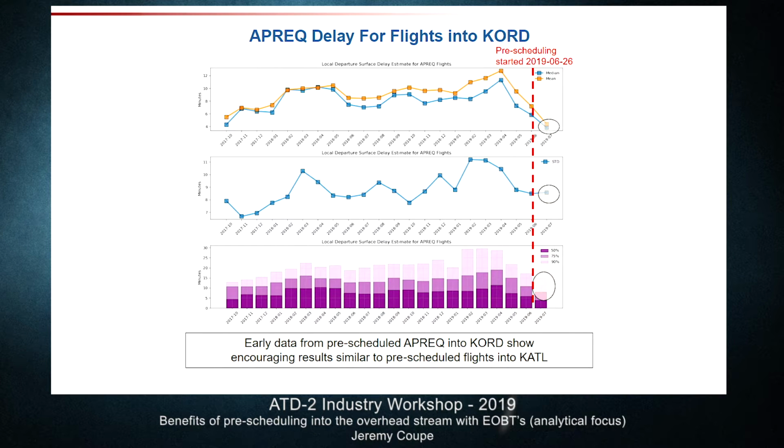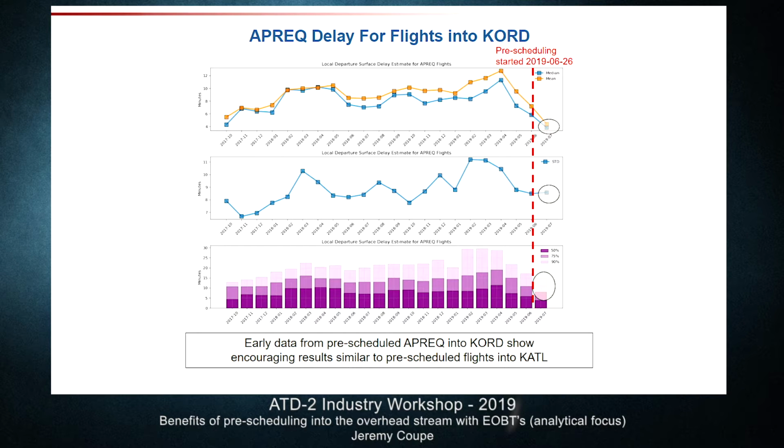The last thing here is that I showed you all this data for Atlanta, and I started the talk saying we're also pre-scheduling into O'Hare. So what does the data look like for O'Hare? This again is our metric that we think is the most fair: controlled takeoff time minus the unimpeded takeoff time, so the total delay, the TBFM delay, and the surface excess taxi time.